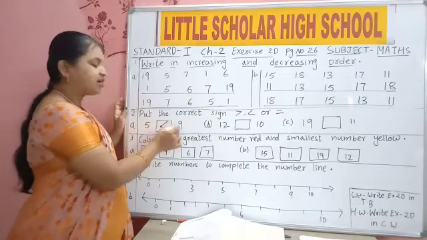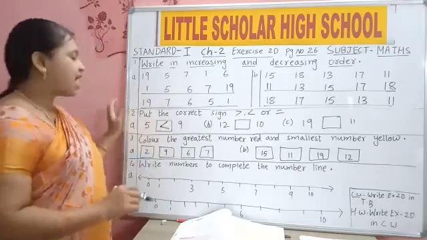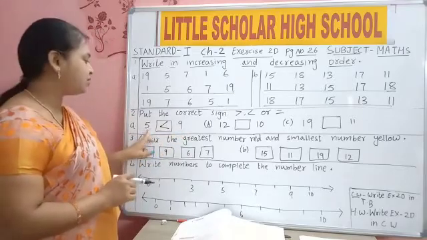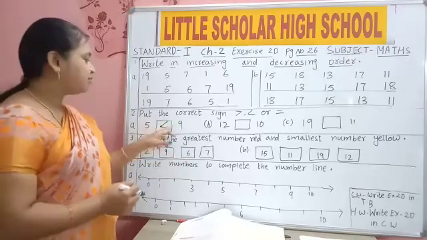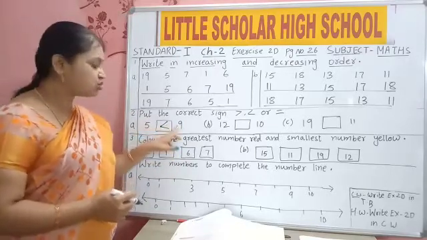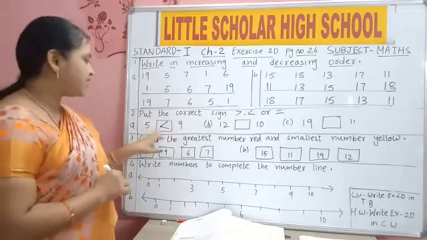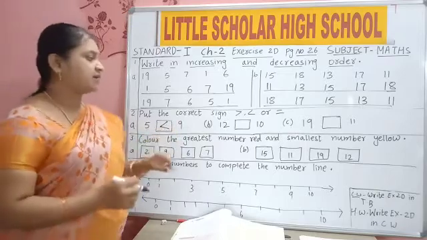So how will we read this? 5 is less than 9.